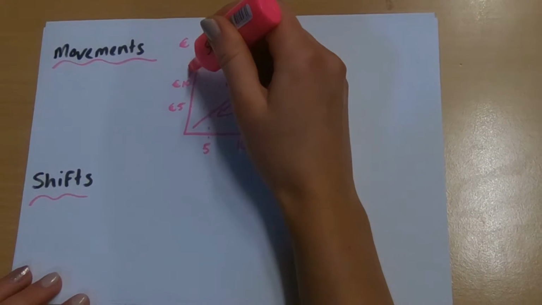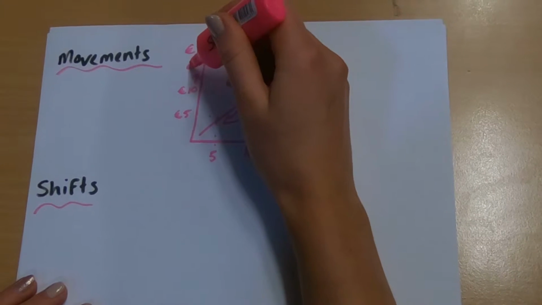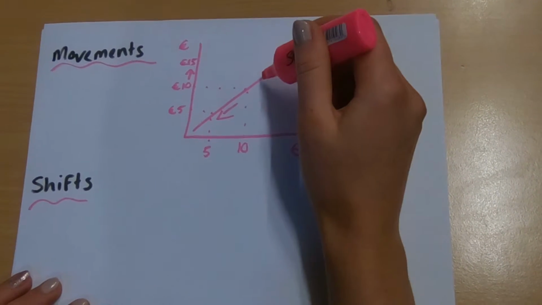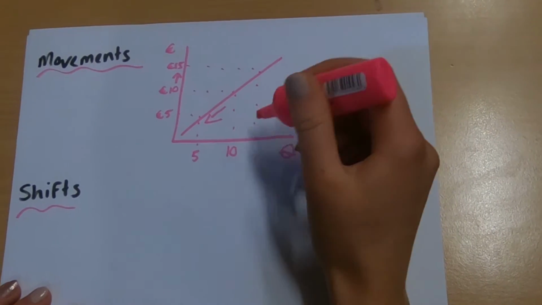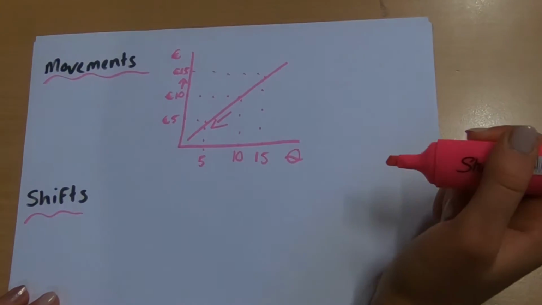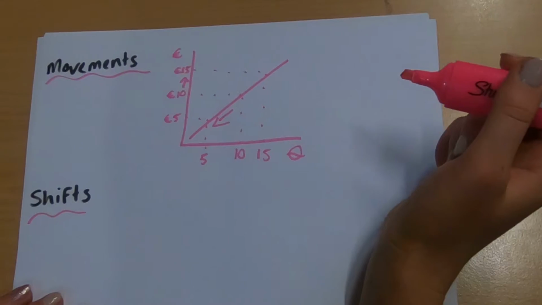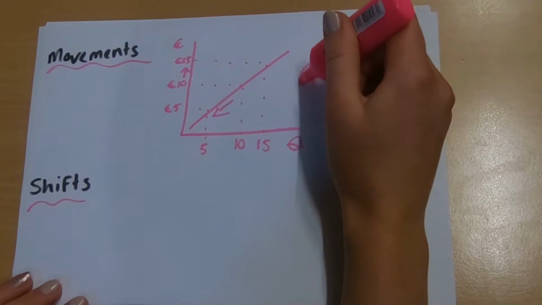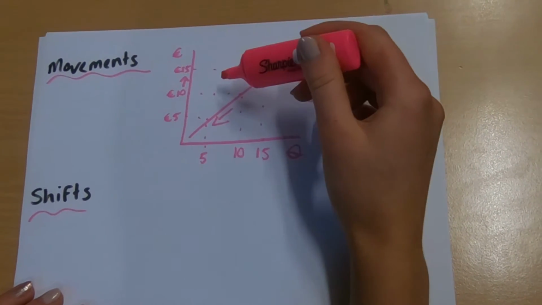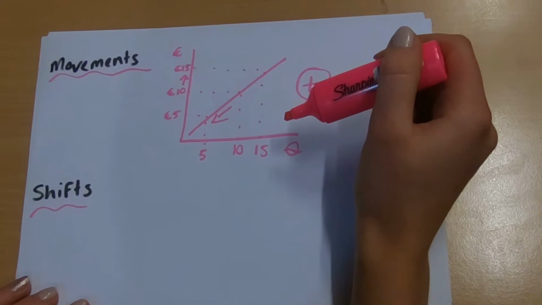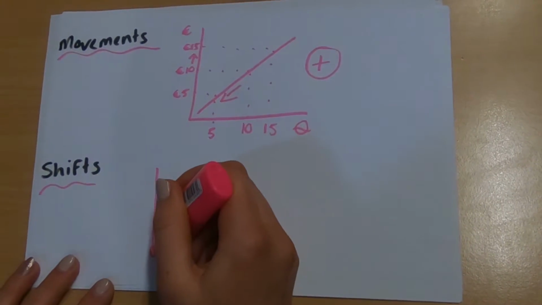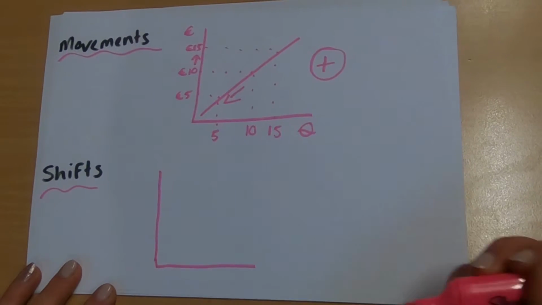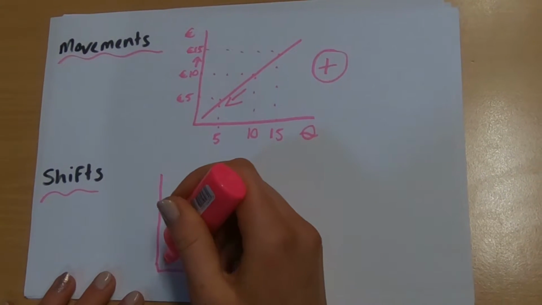However, if the price was to rise to €15, we would have a rise in the quantity of goods produced to 15 units. This shows us again the positive relationship between the price and the quantity supplied. Shifts in the supply curve, however, are caused by a change in a non-price determinant.